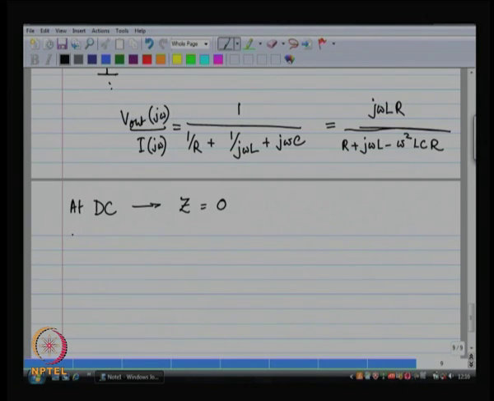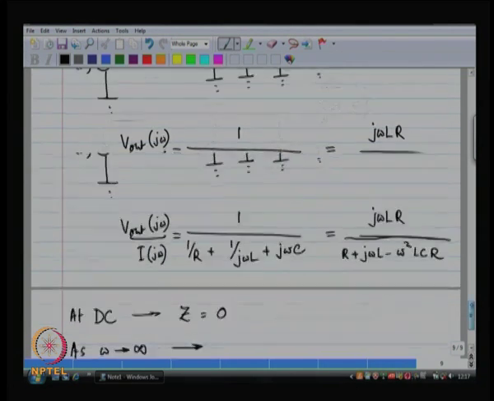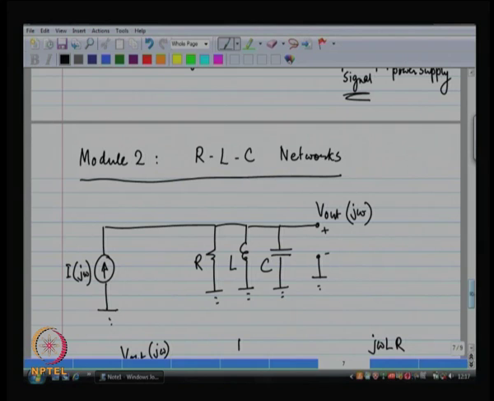Then the next step is you check at infinitely large frequencies, as omega tends to infinity. As omega tends to infinity, if you look at our network, the capacitor now looks like a short circuit, and once again the response should be 0 volts.